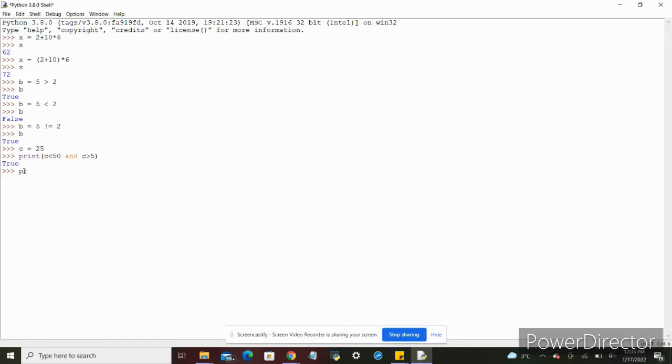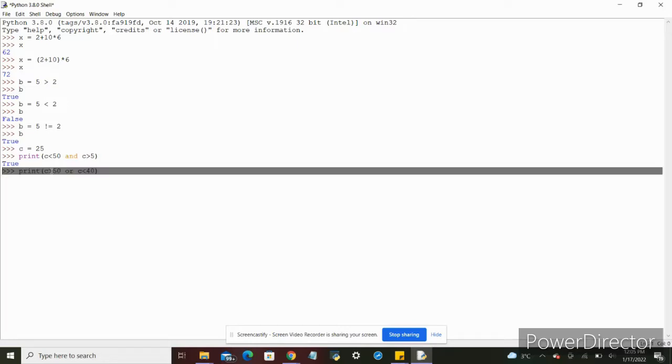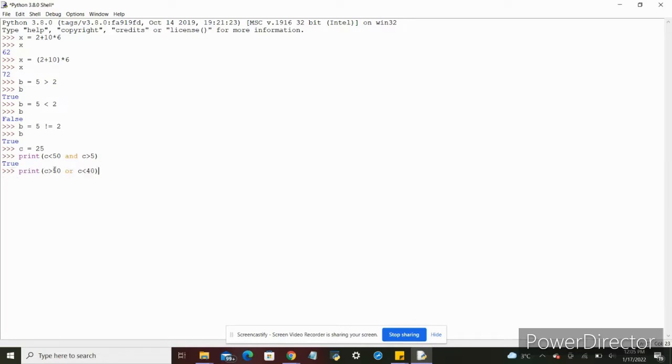Next, there's the or symbol, which makes it so that if I put c is greater than 50, which it's not, or c is less than 40, then this or symbol makes it so that if either one of these statements is true, then the entire statement itself is true.